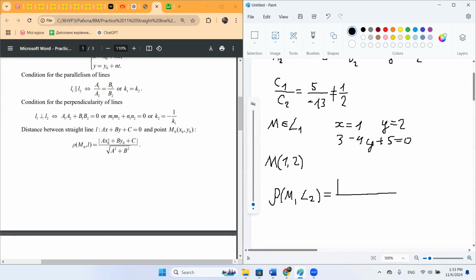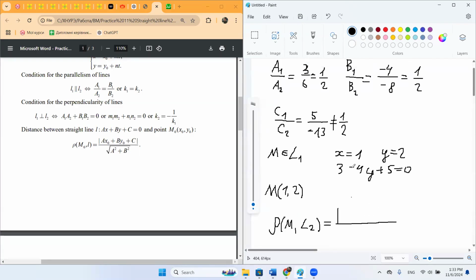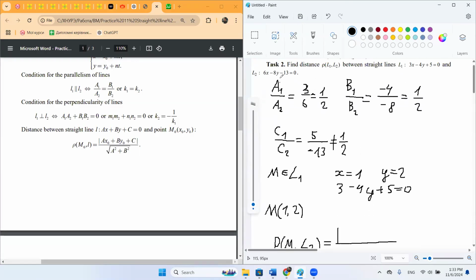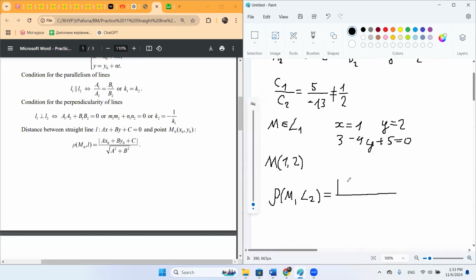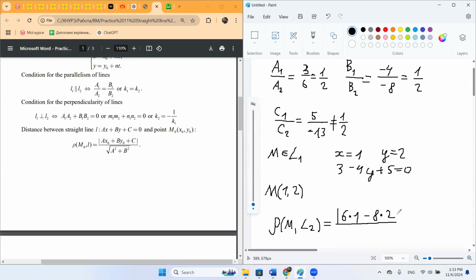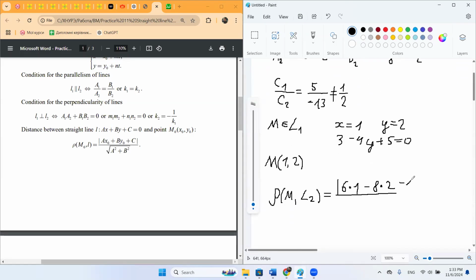So using this formula, 6 by 1 minus 8 by 2 minus 13. And by the way, this normal vector has such good coordinates: 36 plus 64, so it's easy to calculate.